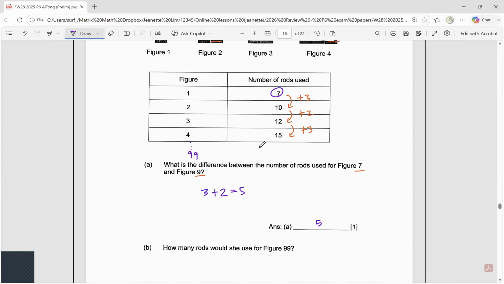So the 3 and 2 and 3 and 2, they are called intervals. Okay, but because the intervals are not all the same number, we will group them. So I will group these two in a group. So this is one group of 2 intervals.